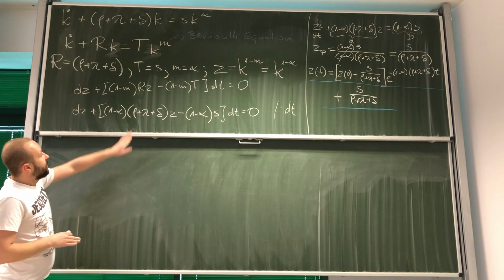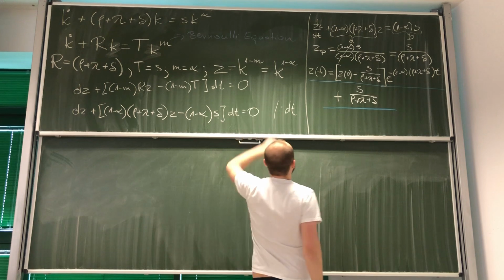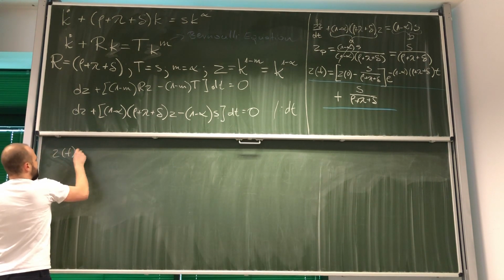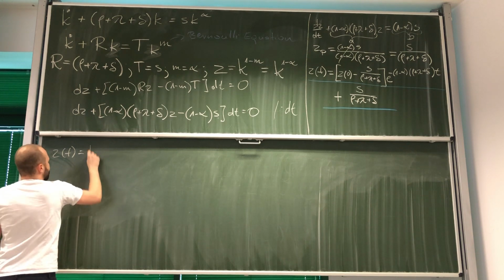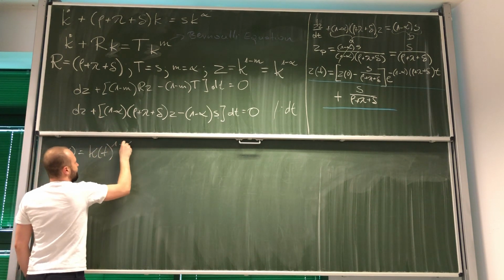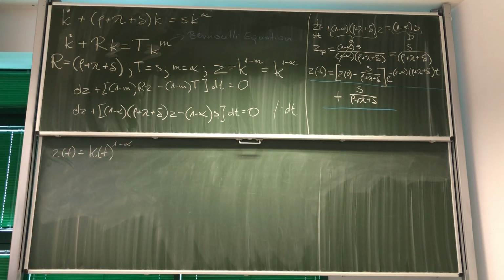And so we remember that z of t is equal to k of t to the power 1 minus alpha.